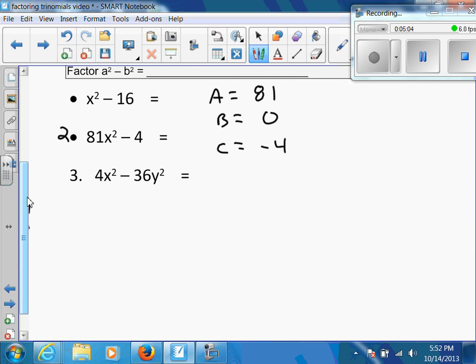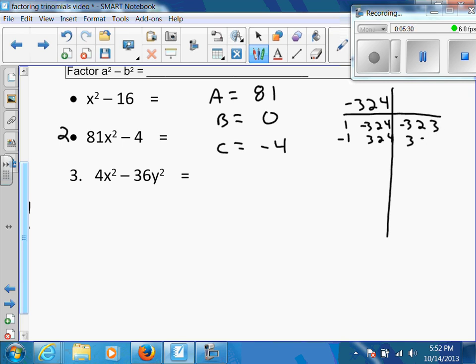So we want A times C. A times C is negative 324. First thing we do is 1 and negative 324. So that's 323.